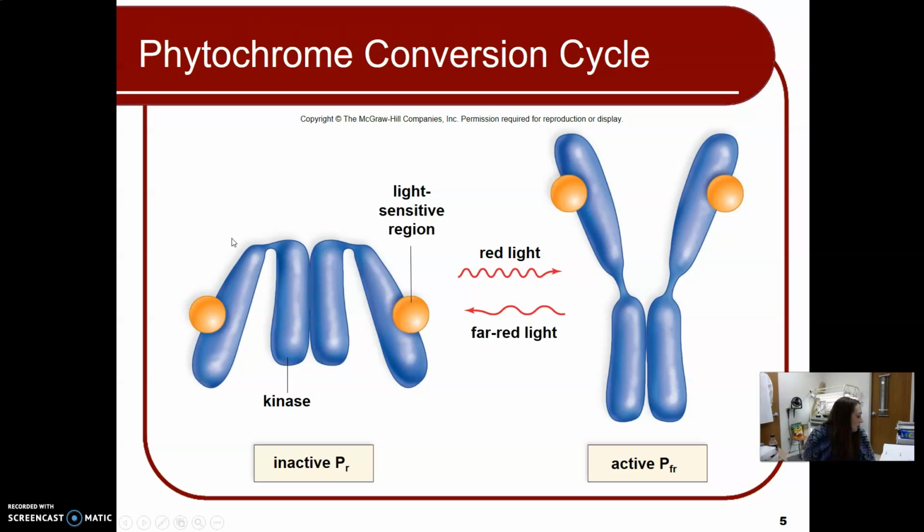The PR absorbs red light at 660 nanometers, that's wavelengths of light, and the PFR absorbs at about 730 nanometers. During the day, it works as PFR, and then at night it folds up and becomes PR. When the light changes again and you've got daylight, it changes back into PFR. That way it can sense whether it's light or dark.